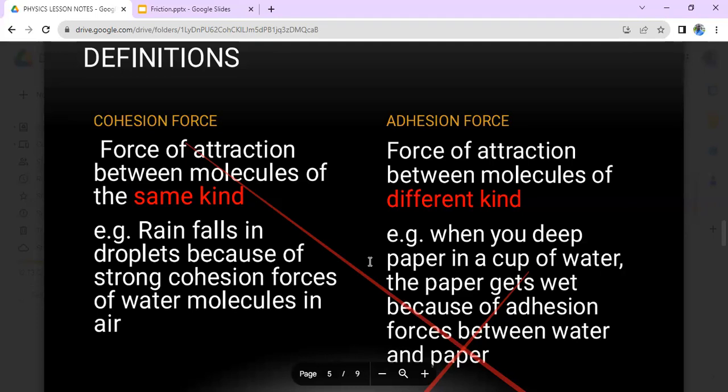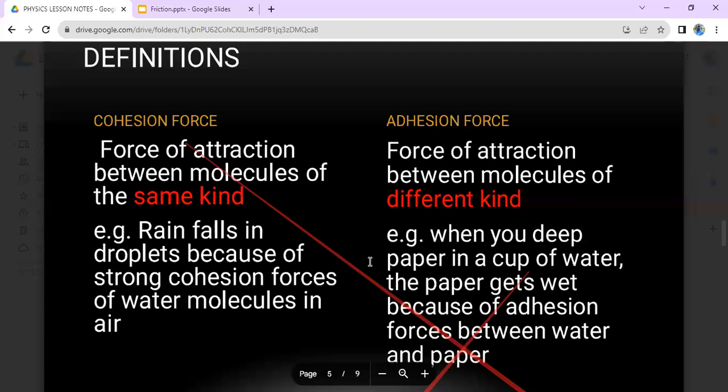Okay, so we are learning that cohesion is the force of attraction between molecules of the same kind, and therefore it will keep things together if those things are of the same kind. For example, rain falling in droplets. Whereas adhesion force is the force of attraction between molecules of different kind, and they are telling us that when you dip paper in a cup of water, the paper gets wet because of adhesion forces.